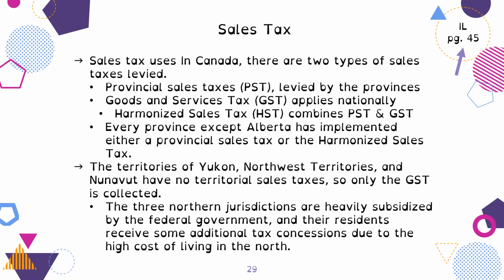There's only GST. This is because the northern communities are heavily subsidized by the federal government due to the challenges of prices in the northern community being really, really high. So this is the reason why there isn't a territorial tax, to help with the high cost of living.